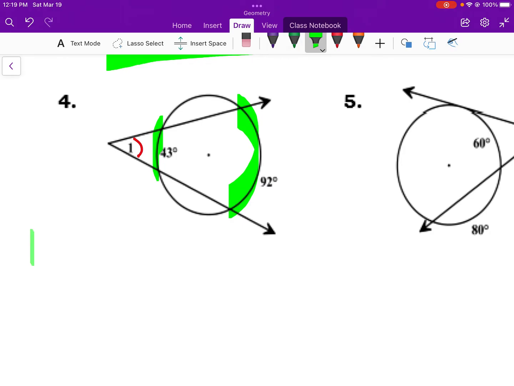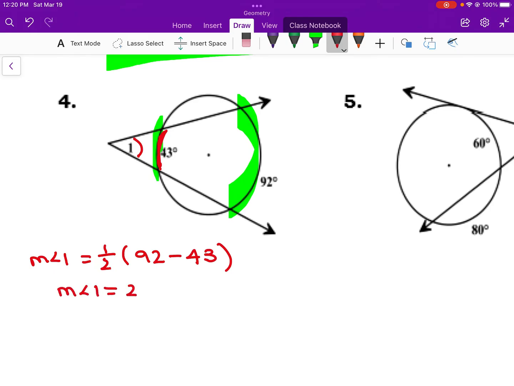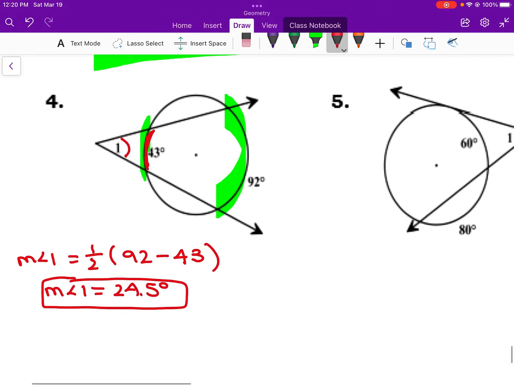So in this case, I'm saying that the measure of angle 1 is going to equal 1/2 of the arc across from it, which is 92, minus that little piece in between the wedge, which is 43 degrees. So if I subtract those 2 and chop it in half, then I would see that the measure of angle 1 equals 24.5 degrees. Okay, so that works out nicely if both of those arcs are labeled.